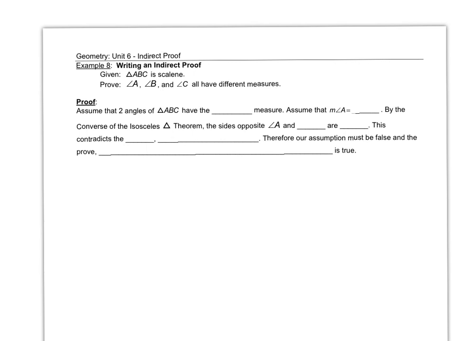And then our last example, writing an indirect proof. It states, you are given that triangle ABC is scalene. You have to prove that angle A, angle B, and angle C are all different measures. So let's first draw a picture of a triangle.